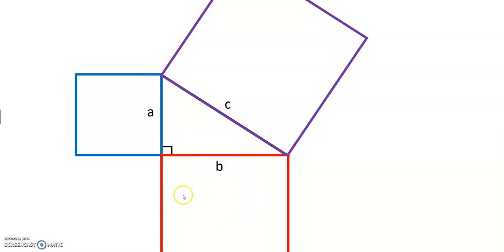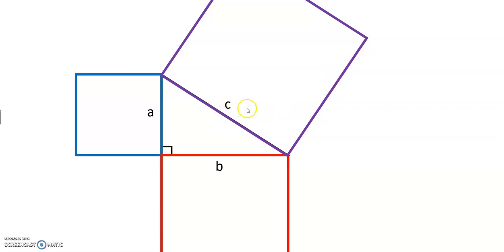Just like over here, if we made a square from leg b, each of the other sides would also be the same length as b. And up top, if we made a square with side lengths of c, our hypotenuse, the other sides would match the length of c.